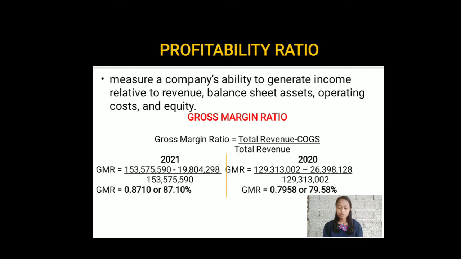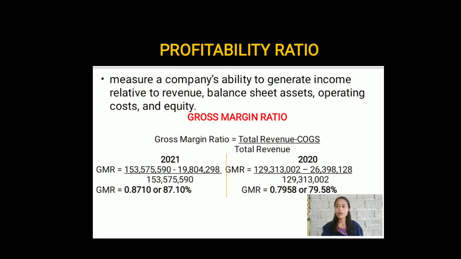Now let's go to the profitability ratio. This measures a company's ability to generate income relative to revenue, balance sheet assets, operating costs, and equity. I'm getting its gross margin ratio. Gross margin ratio is equal to total revenue minus cost of goods sold divided by the total revenue.